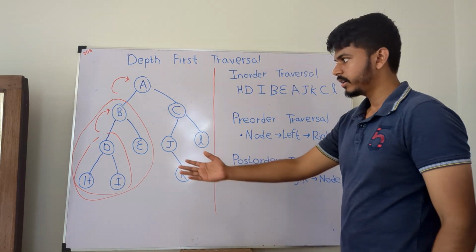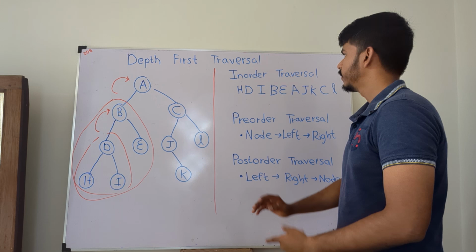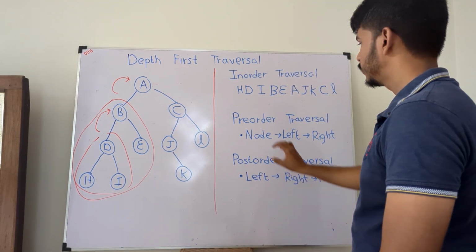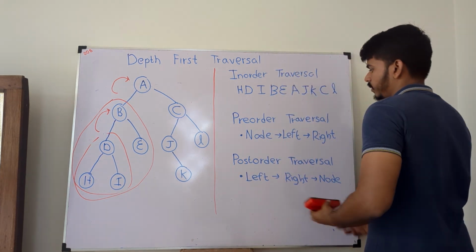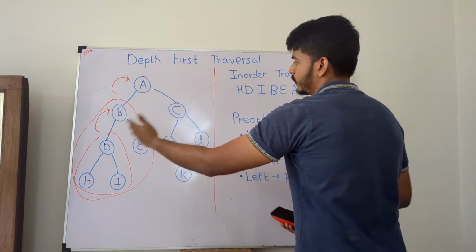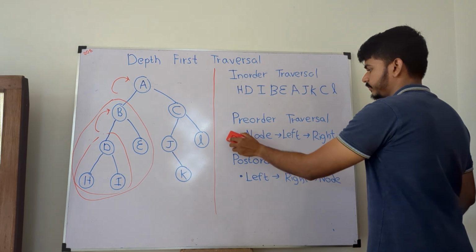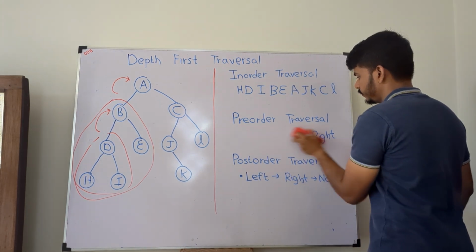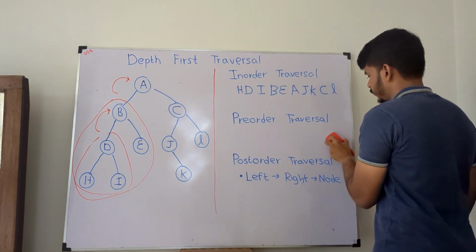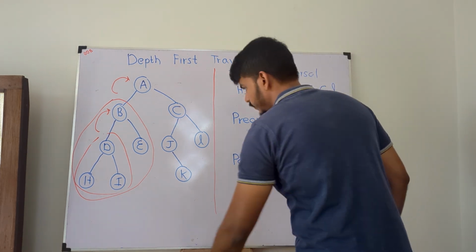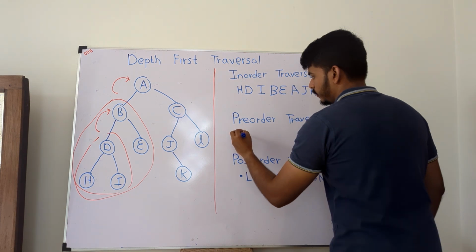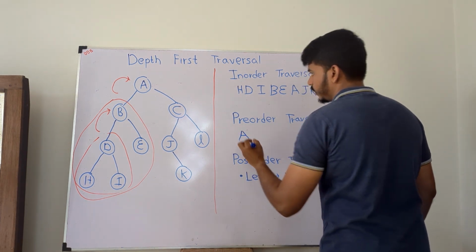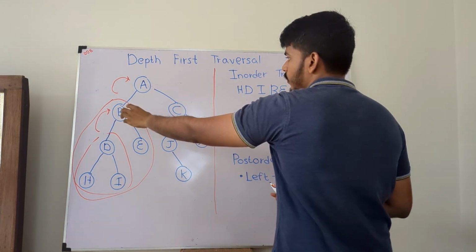So in the same tree diagram, we will be looking at how the traversal is going to be done. So first the node, then the left subtree, then the right subtree. So in this, the node is first A. We are going to be writing A. Then go to the left side.